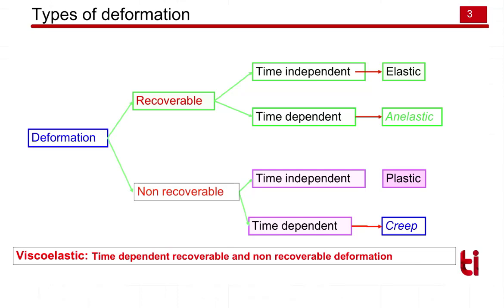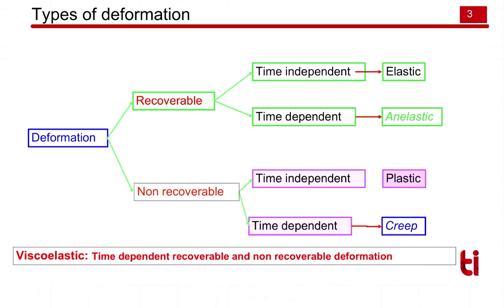Further, recoverable deformation, on the basis of time scale, we can classify as time dependent and time independent deformation. The time independent recoverable deformation is called elastic. The time dependent recoverable deformation is called anelastic. For elastic deformation, I already gave you the example of the band.